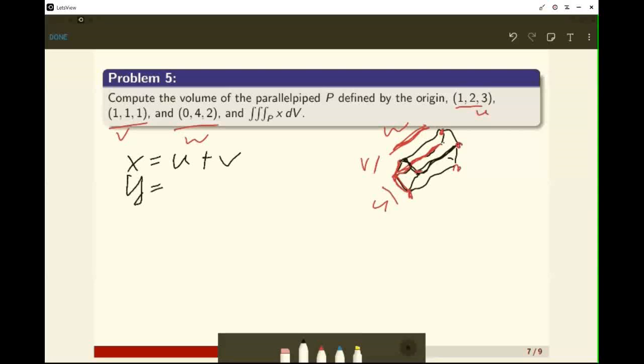Similarly, y, we could have gotten some from going towards this first point, and it's coming in like twice as much if we go halfway to the first point and say u is a half. Then we would have gotten a full value of y. We get 1 for every unit towards the second point, and we get 4 for every unit towards the third point. And z is going to be 3 for as much as you go to the first point, 1 for as much as you go to the second point, and 2 for as much as you go to the third.